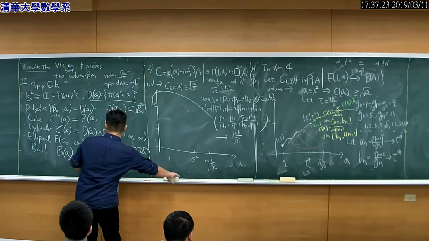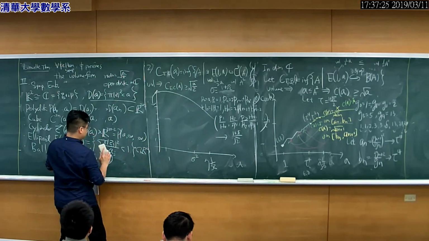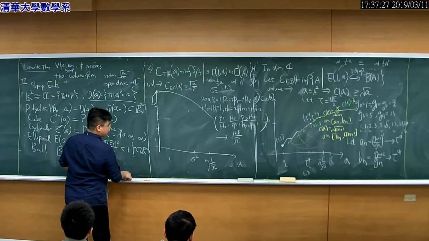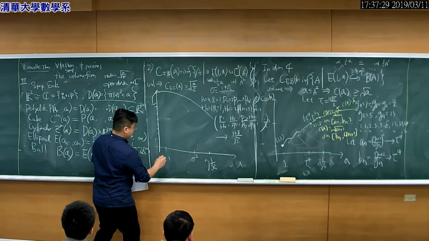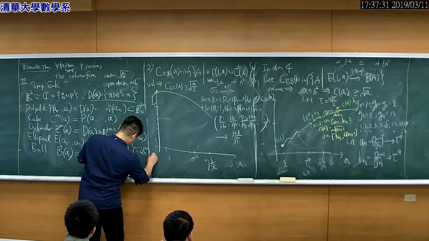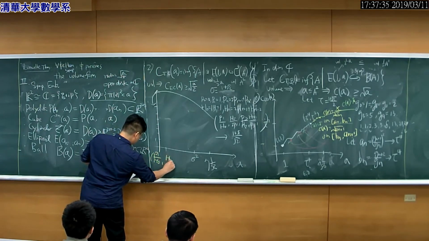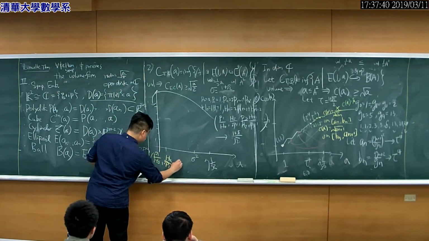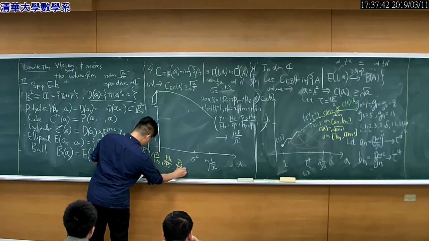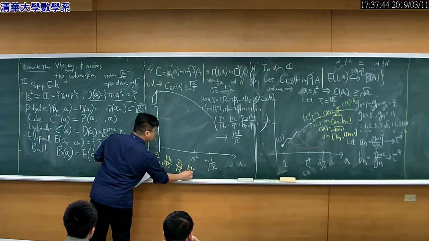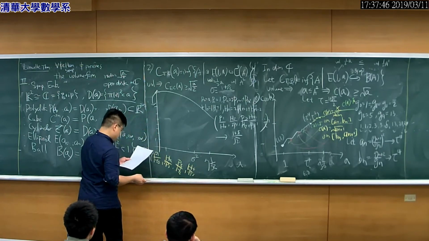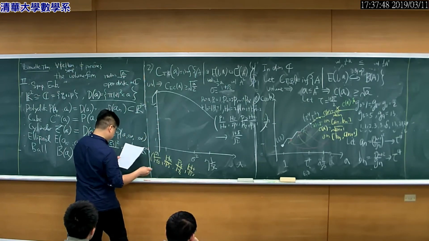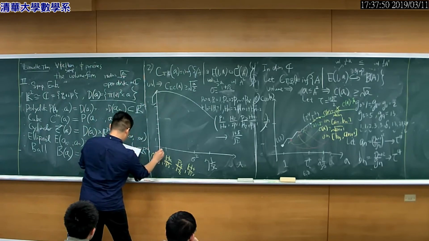And another sequence is very similar. P1 over H0, H2 over 2P1, and P3 over H2, H4 over 2P1 squared.